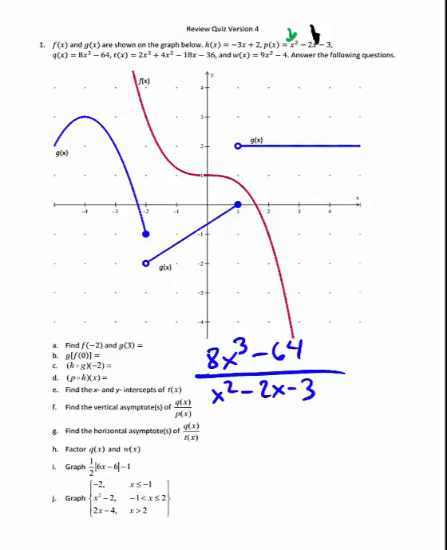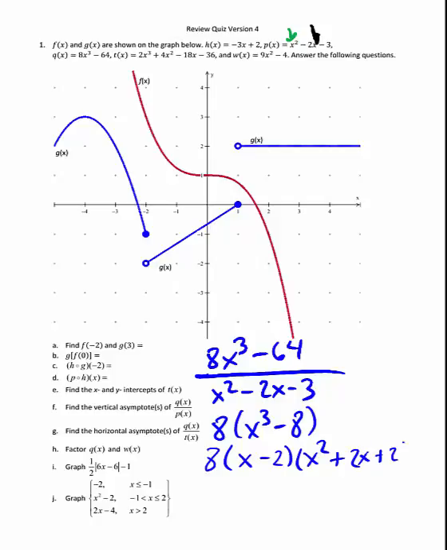And if we factored out the numerator, you'd factor out an 8 first, and have x cubed minus 8, and then you could have that as x minus 2 times x squared plus 2x plus 4.